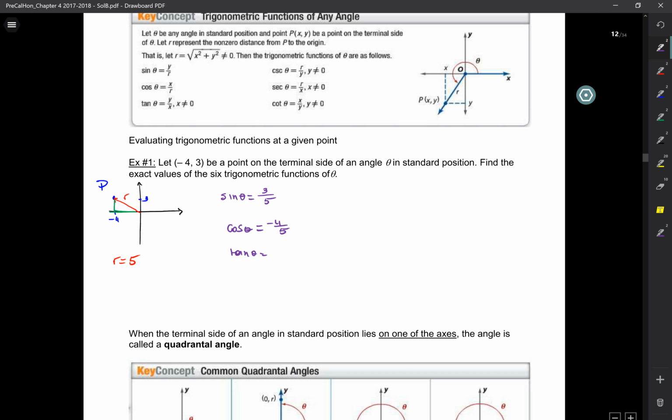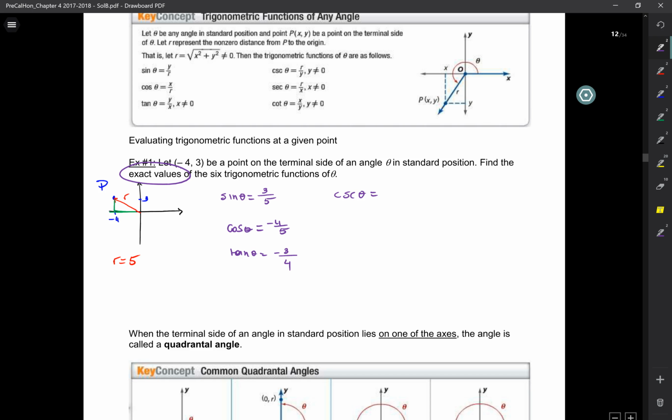Sign does matter, SIGN sign, and tangent? -3 over 4. So you'll see, remember sine over cosine is tangent? And you can just take a look at these. The denominators will go away, and it's just the two numerators. Now, if you look back in the directions, it wants the exact values, so this is good enough.